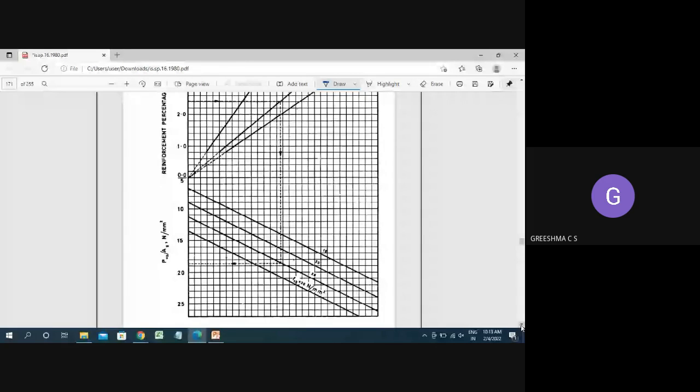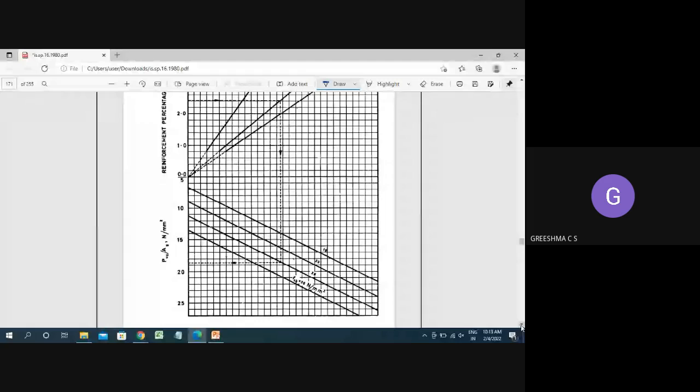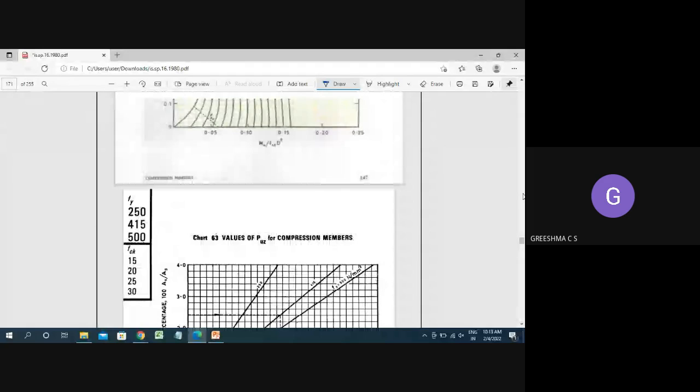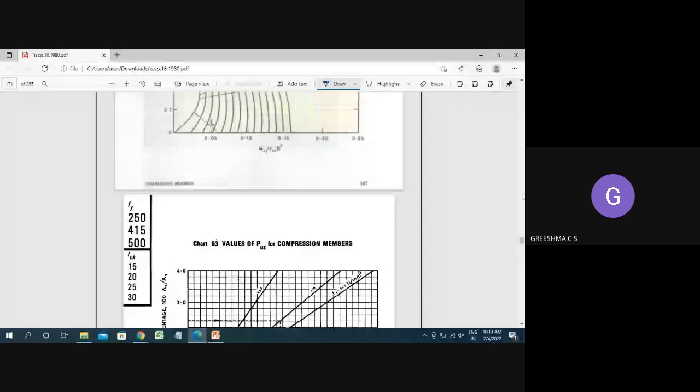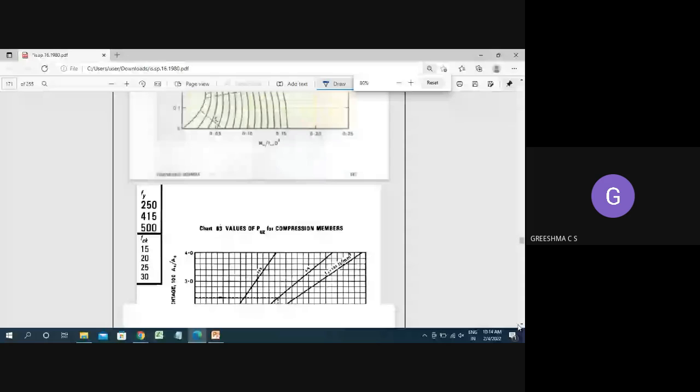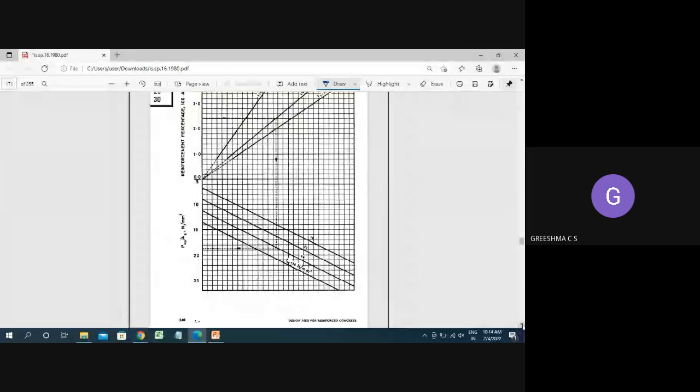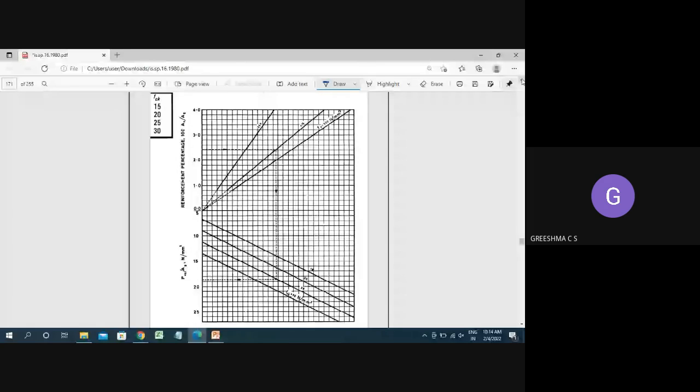How much is the ultimate load carrying capacity? How will you find it out? First of all, how much is the reinforcement ratio? Reinforcement ratio is 3, and 3 is directly given over here. From the 3, draw a line that coincides with your grade of steel.